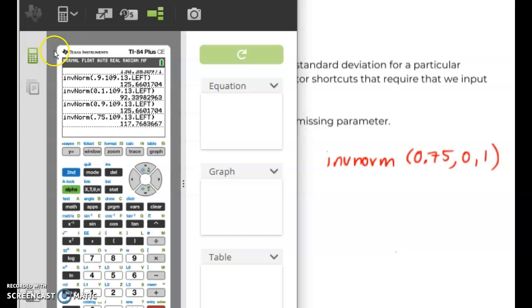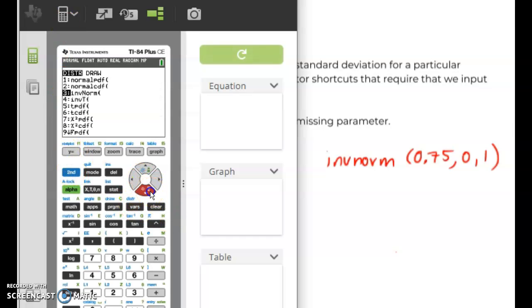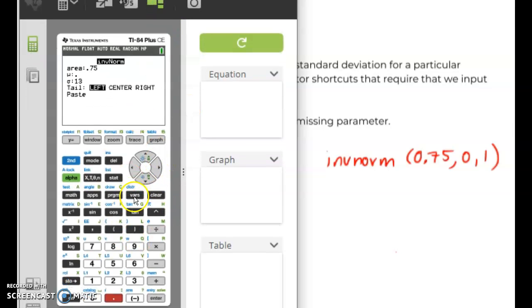Let's do this on our calculator. Go to second vars, inverse norm, using an area of 0.75 to the left with a mean of 0 and a standard deviation of 1, which is our standard normal distribution.